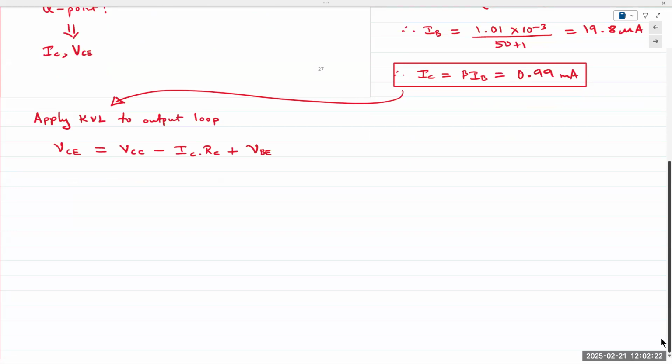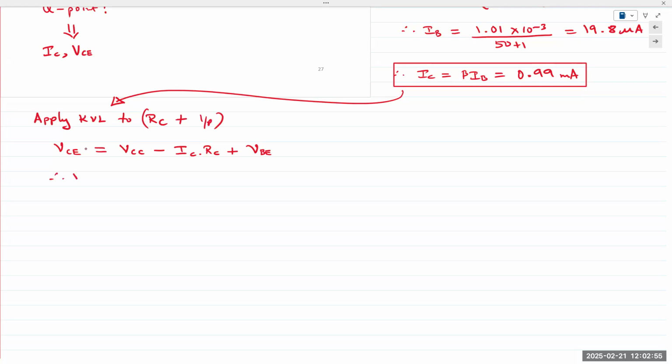You can find the voltage drop across RE as IERE, and you should obtain the exact same value. In this case, I'm applying it to the RC plus input. Okay, that's why I have VBE in there.